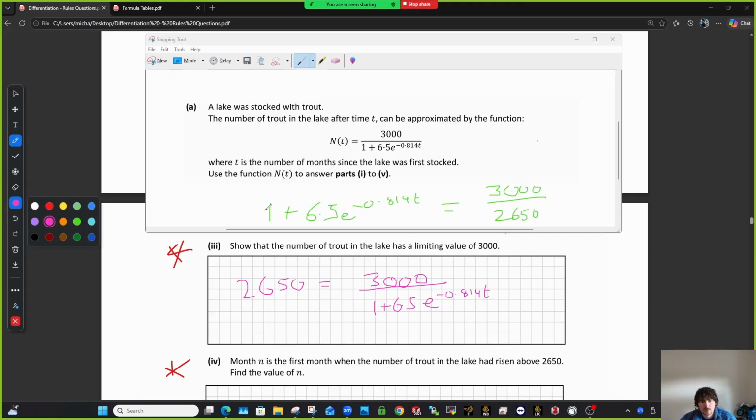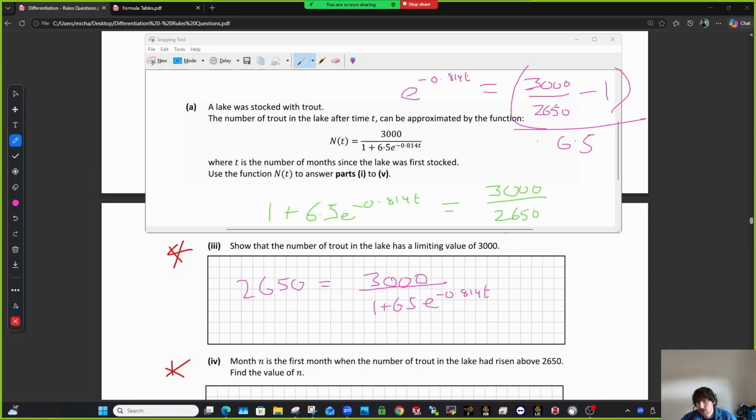What you'd do then is bring the 1 over and divide by 6.5. I'm doing a lot of steps in one go because I want to move on from this. This is just basic algebra you should be able to do. Take the 1 away, then divide the entire thing by 6.5.